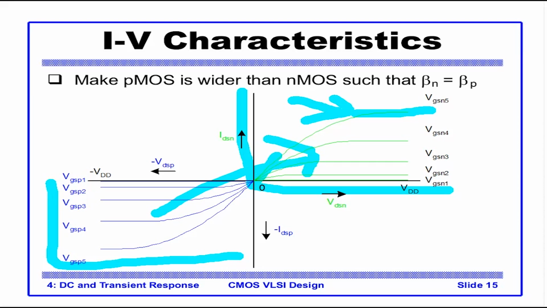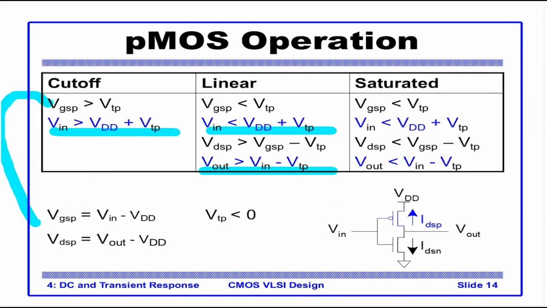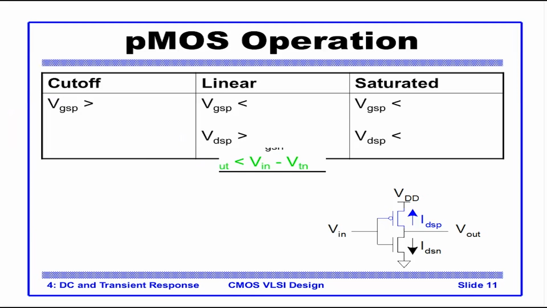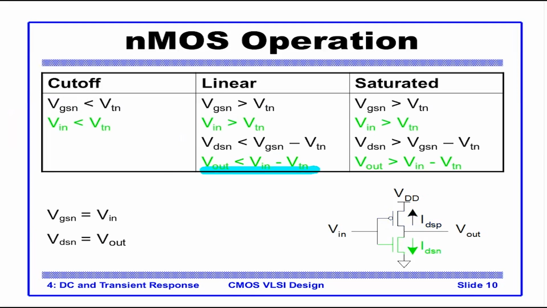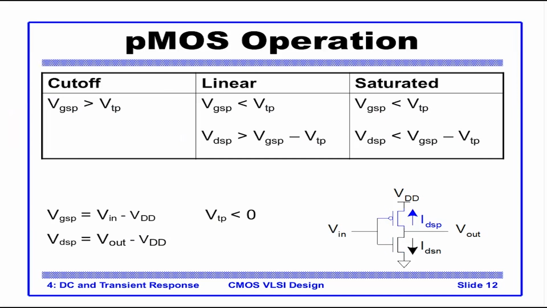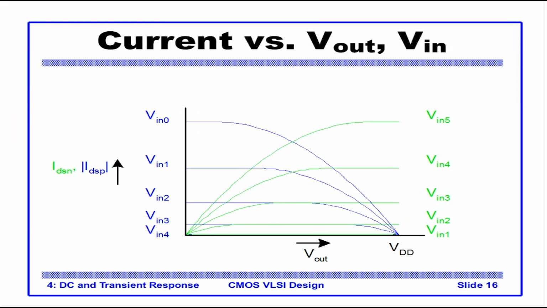In other terms, we are solving equations by taking these Vin, Vout equations here, and the Vin, Vout equations for NMOS, which are these. We are taking these NMOS and PMOS equations for Vin and Vout and plotting them on the graph, and the equation and the graph look like this after conversion.